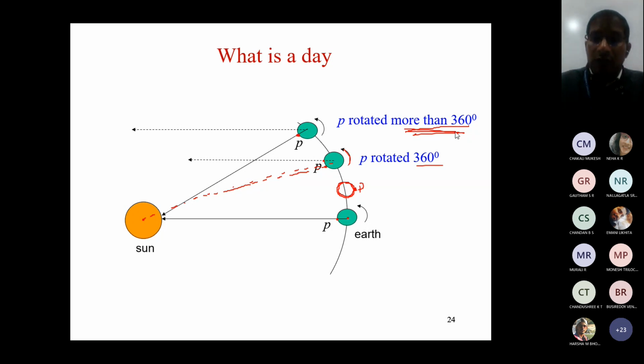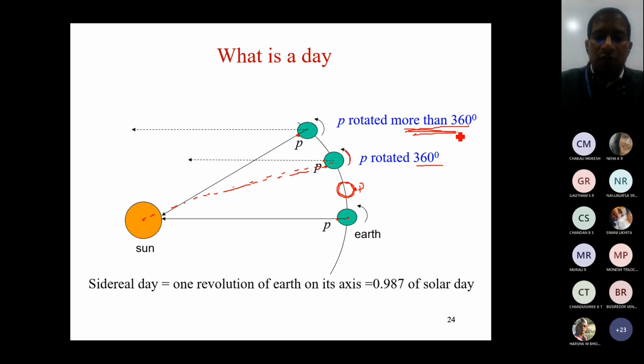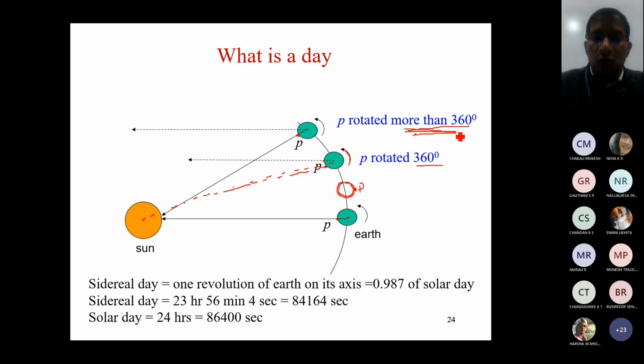And that is why there are two different days. One is called the sidereal day, another is called the solar day. When your Earth completes a 360-degree rotation, we call that a sidereal day.